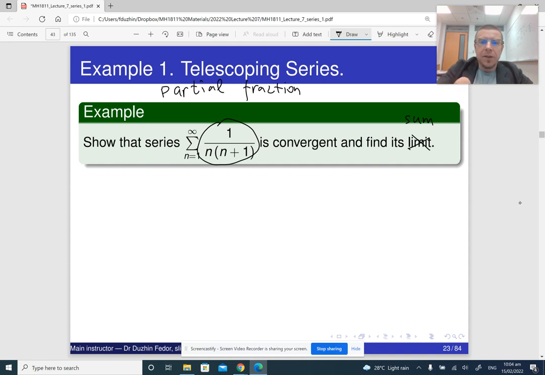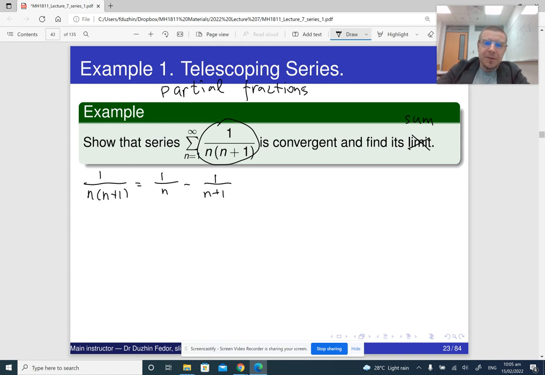Well, this is something that you probably should have known from your poly or JC times, so I'm not going to get into details. So I'll just write the answer. So 1 over n times n plus 1 is 1 over n minus 1 over n plus 1. All right? Yeah.